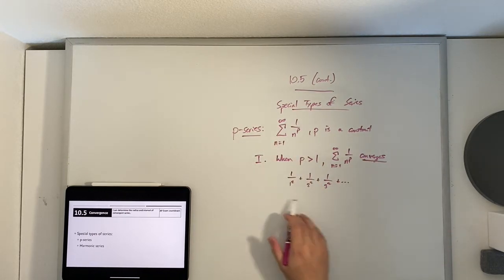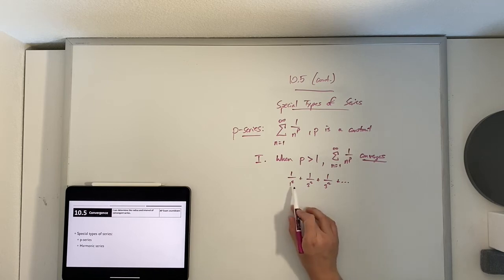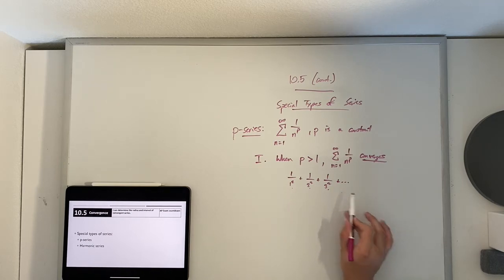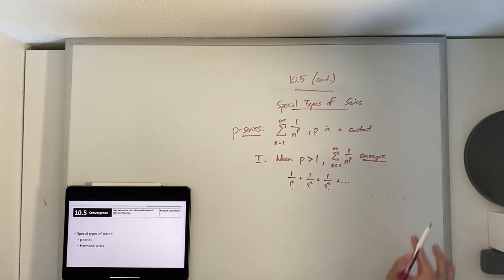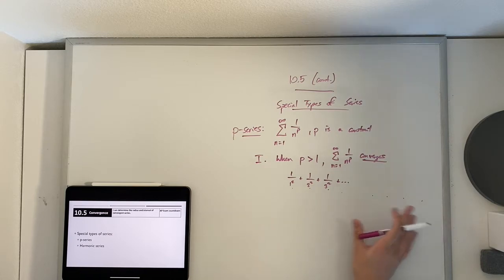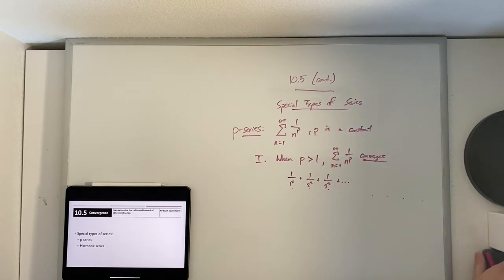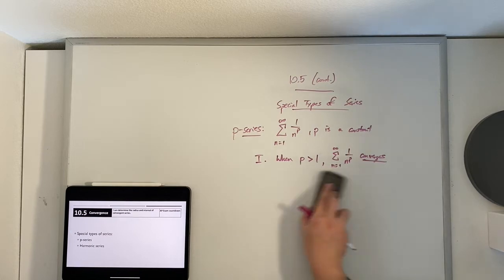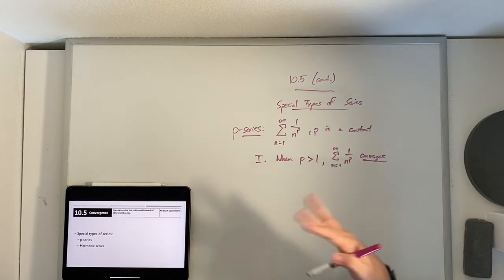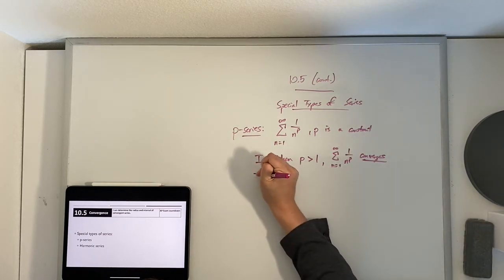Okay. In this case, these fractions are getting very, very small. So as we keep going, just conceptually speaking, it should make sense that this series will ultimately converge upon a real number. Of course, to formally prove that, it requires a little more effort.